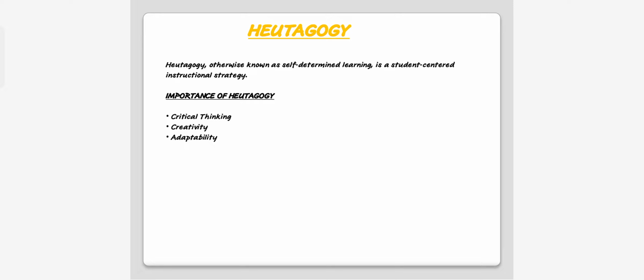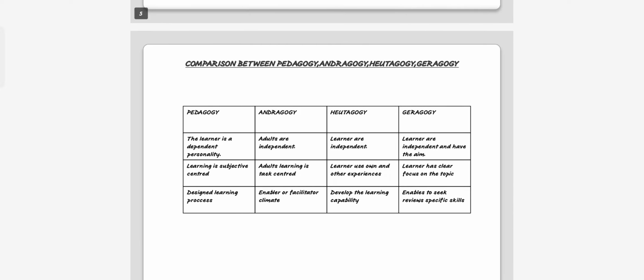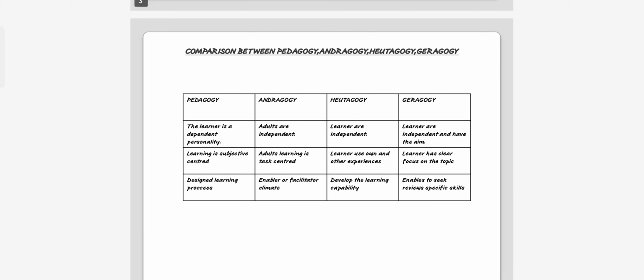So coming on to the next slide, that is the comparison between pedagogy, andragogy, heutagogy, and geragogy. In pedagogy, we can see that the learner is a dependent personality. Teachers determine what, how, and when anything is learned, whereas in andragogy, adults are independent.